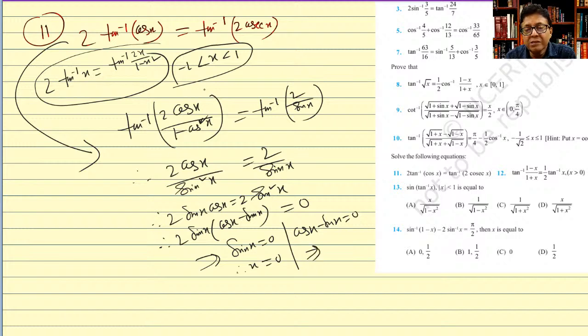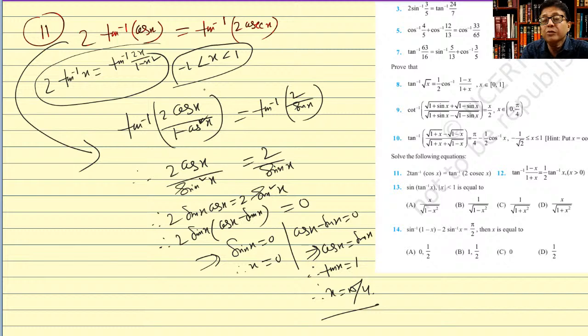I am finding the solution in the principal value branch only. Cos x is there, so I must get the solution in 0 to pi. You need to check whether both are valid or not, 0 and pi by 4. This you must check.